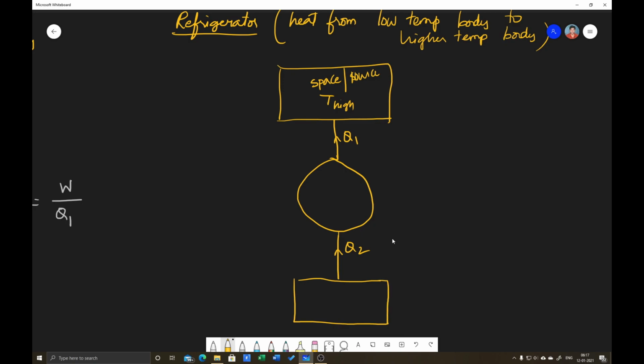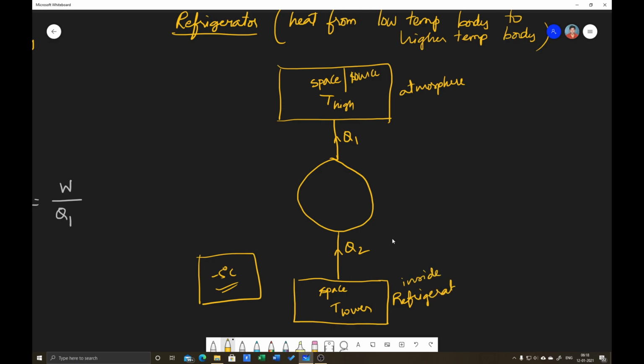So in a refrigerator there will be a confined space. This is the space where temperature will be lower, like a refrigerator box. In the box inside you have to maintain the temperature below atmospheric. This is atmosphere and this is the refrigerator, inside refrigerator.